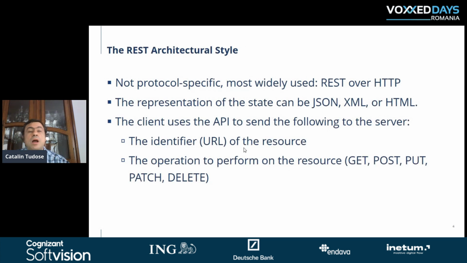In general, it works over HTTP, but it's not protocol specific. We can represent the state using different things like JSON, HTML, XML. Just addressed to the server, I say I have to access this URL, this resource, and I want to perform some operation. The most widely used operations are get, post, put, patch, delete.